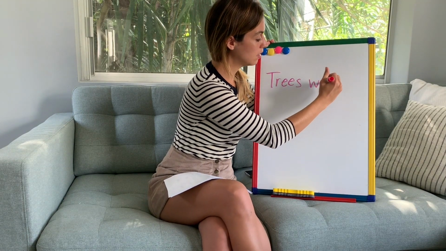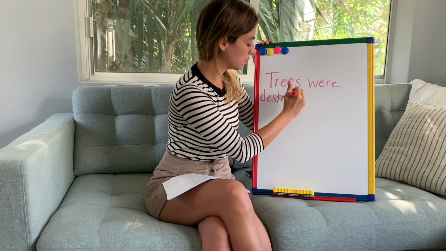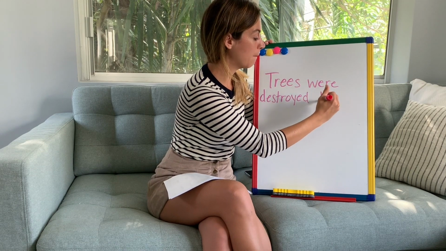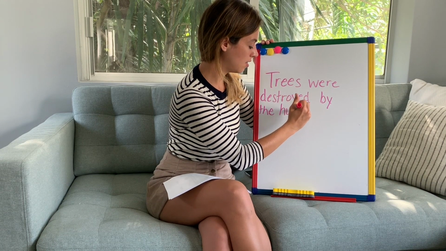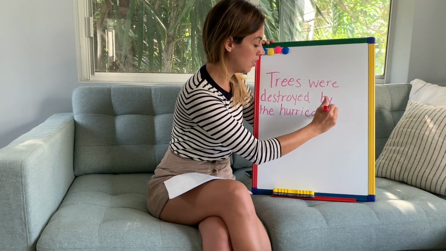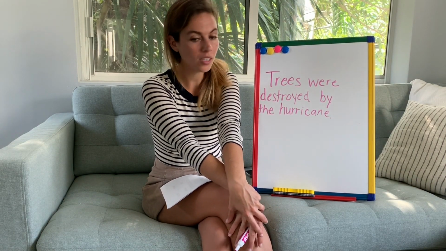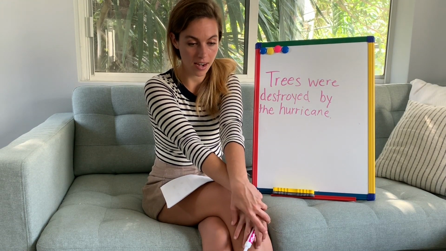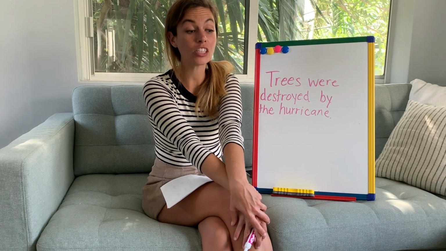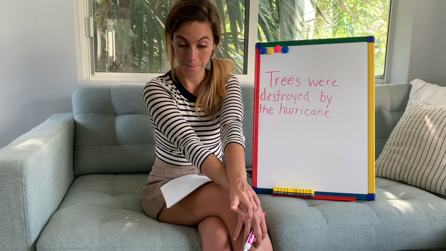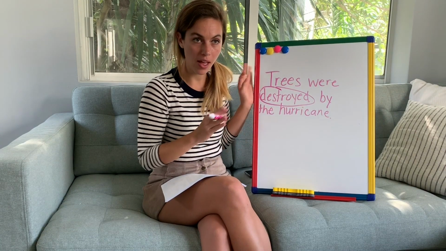Trees. Verb. Destroyed by hurricane. Trees were destroyed by the hurricane. So which word is the action word? Something that can be done. So our action verb. Destroy, that's our action verb, and it tells us about the trees and the action that was done to them.